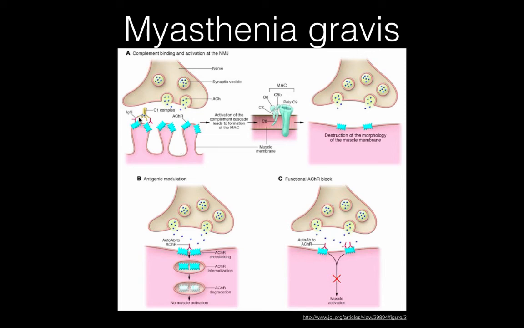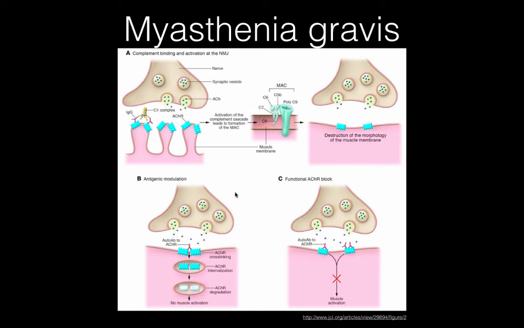Well, if we have autoantibodies to the acetylcholine receptor, even if we release acetylcholine, the neurotransmitter itself cannot bind to the receptor properly. In fact, in one instance where we cause motor cell destruction, you see a whole wiping out of the muscle membrane.